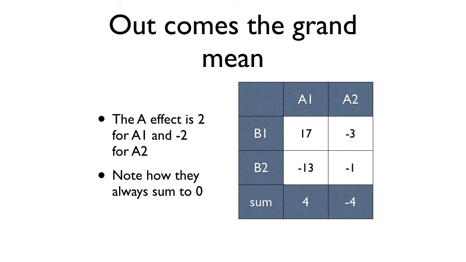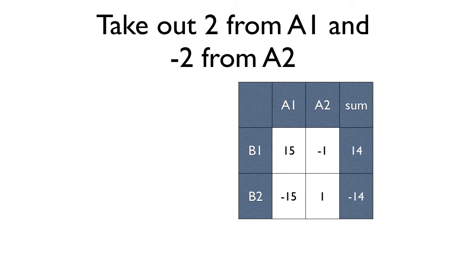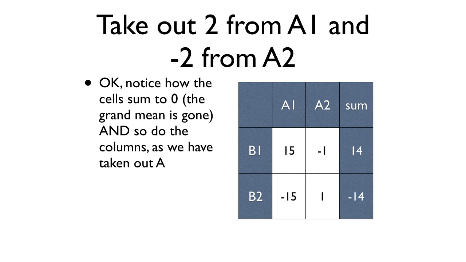You can't come up with numbers where it wouldn't work out that things sum to 0. It can't be done because of the way you're doing this procedure. So I've taken the 2s out. 15, negative 1, 1. So going summing across A to get for B's, I got 14 and negative 14, or 7 and negative 7.